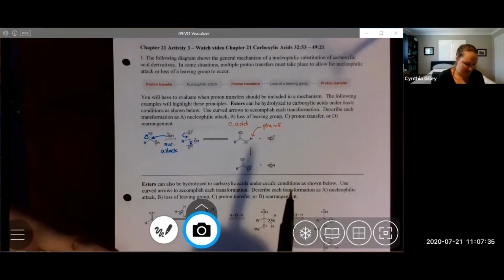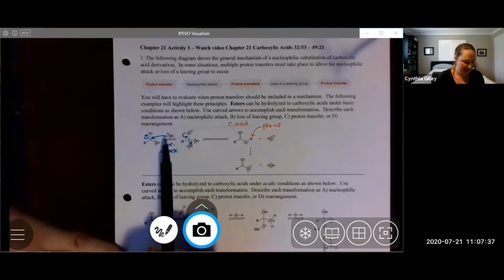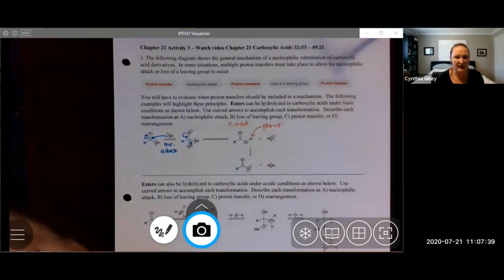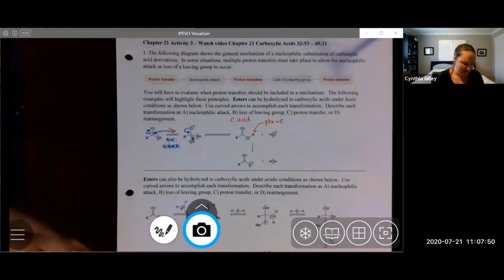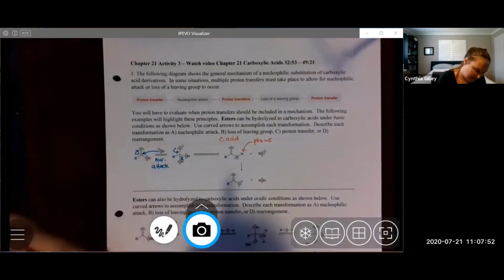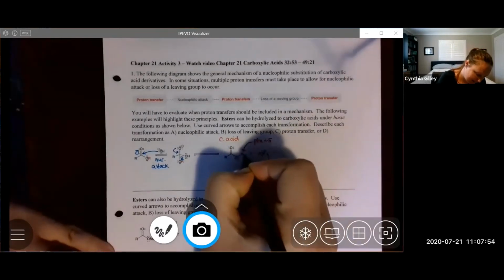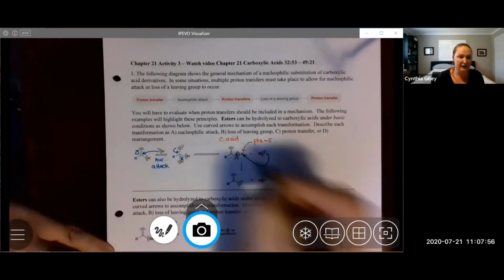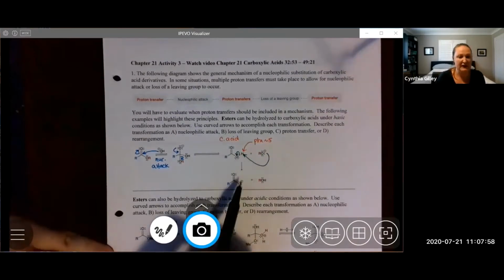And we're in a solution with hydroxide, and we've just kicked out the alkoxide, right? So we have an acid in the presence of a strong base. So there's going to be an immediate proton transfer here. In kicking out the alkoxide, we form the carboxylic acid, and then there's an immediate and essentially irreversible proton transfer at the end.